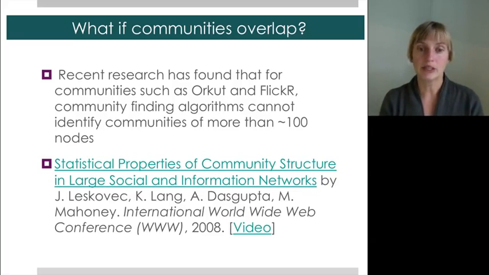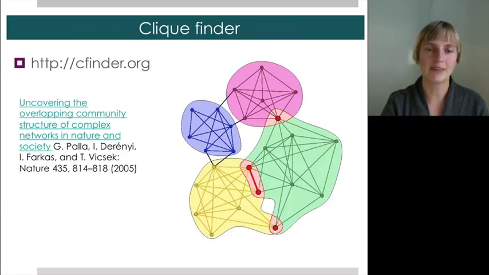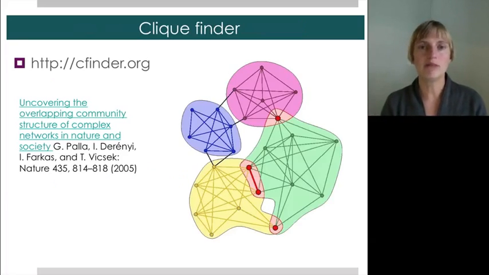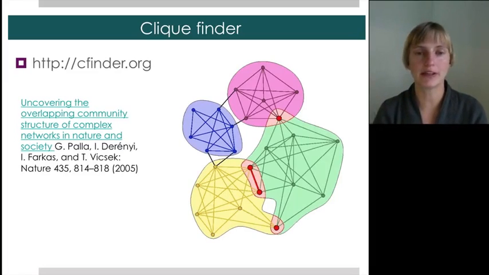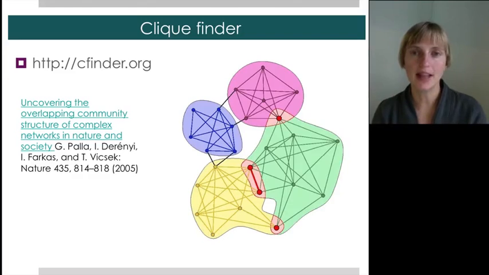So what comes to the rescue then are community finding algorithms which allow for overlap, which allow nodes to be members of more than one community. One such piece of software that allows you to find overlapping communities is CFinder, which you can download for free. The basic idea there is that you're going to roll cliques around. It's a form of clique percolation.